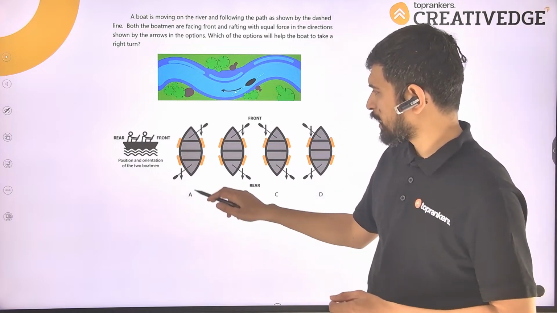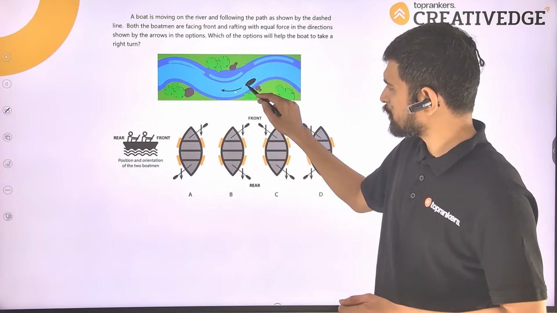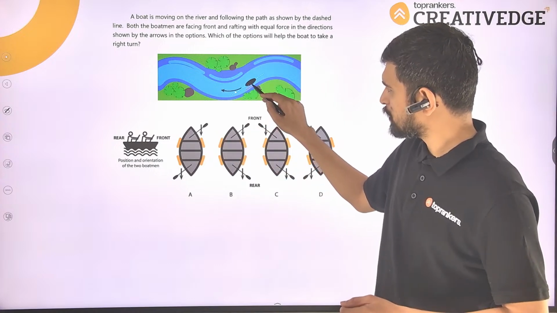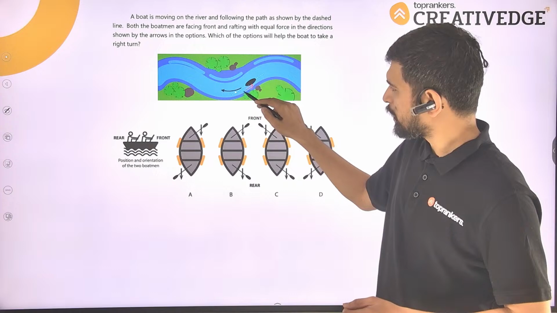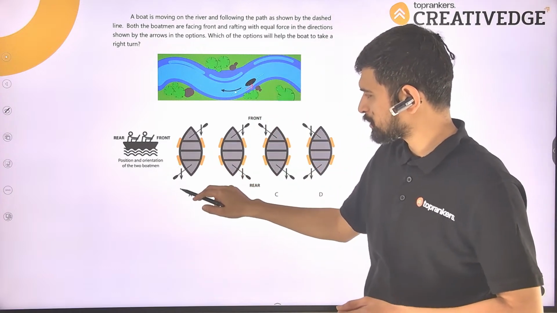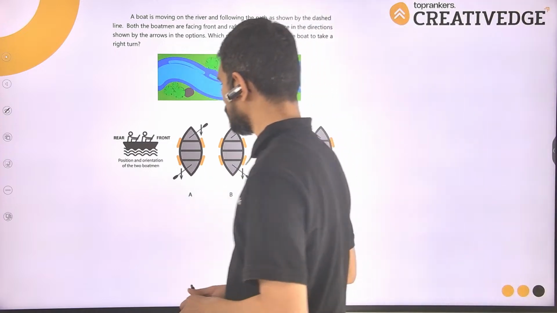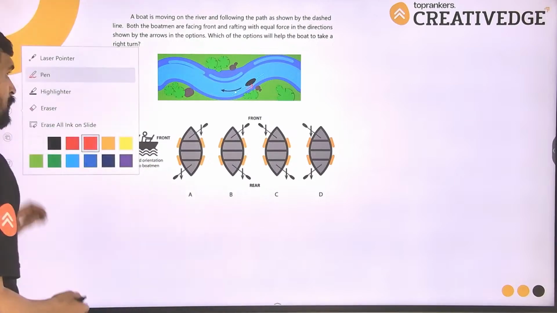लुक एट ऑप्शन ए. ऑप्शन ए में फ्रंट पर बैठा पर्सन इज रोइंग इन दिस डायरेक्शन, राइट, एंड रिवर जो रियर पोजीशन पर पर्सन है, उनके रेफरेंस से अगर आप देखें तब क्या हो रहा है.